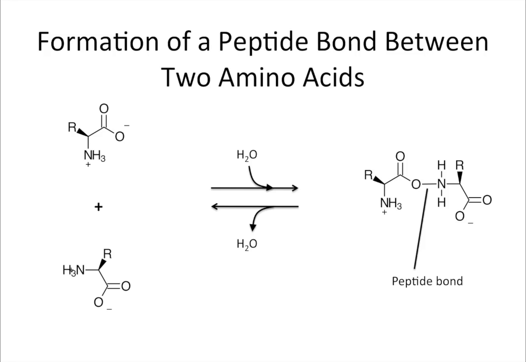Depending on what these dihedral angles are, that determines protein secondary structure, and whether you have alpha helix, beta sheet, or random coil structure, and we'll talk about those in more depth in just a few minutes.